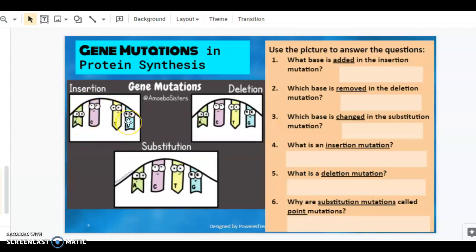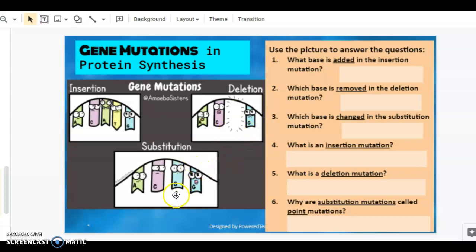Remember that DNA is used 3 bases at a time. So originally, it was supposed to be using A, C, T. But when the A gets shoved in there, now when the transcript gets made, it's going to have this extra base, which is going to shift everything down. Same thing with the deletion. If instead of adding, you remove a base, everything gets shifted up.